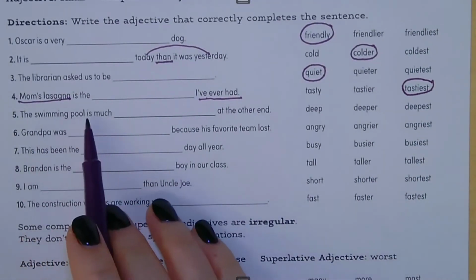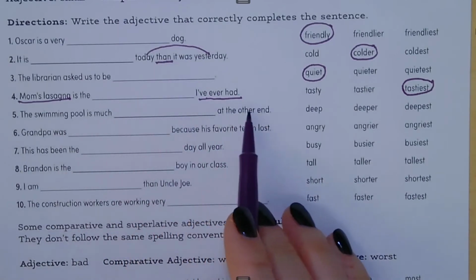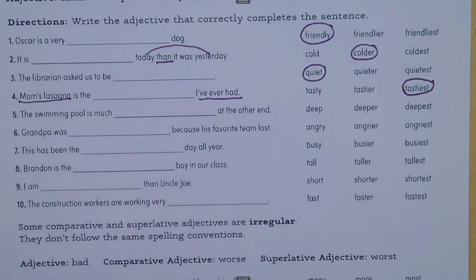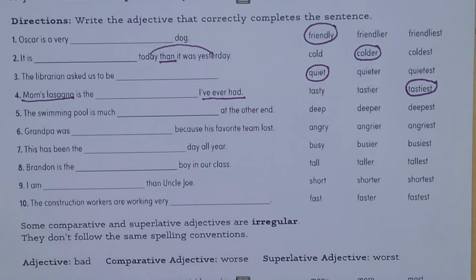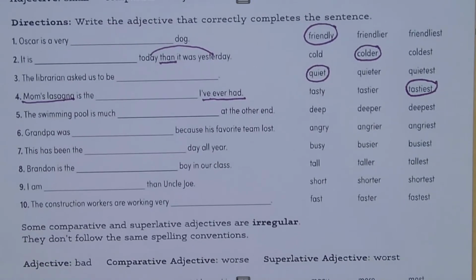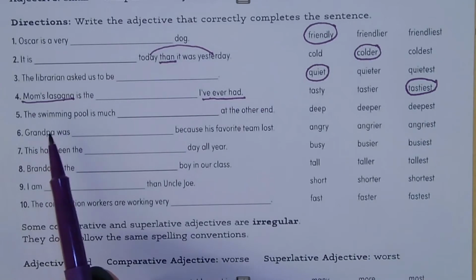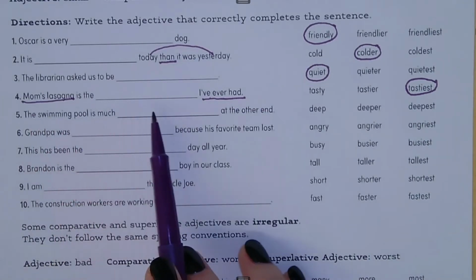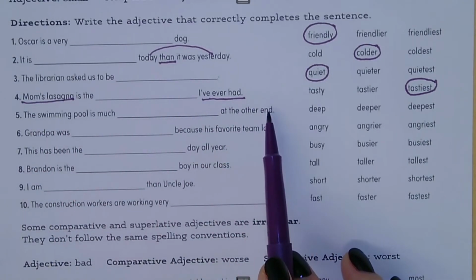The swimming pool is much blank at the other end. Okay, are we comparing anything in this sentence? It's not word for word here for you, so read it again. The swimming pool is much blank at the other end.